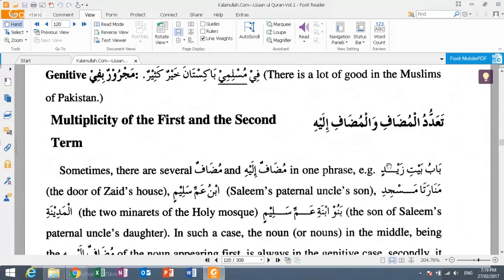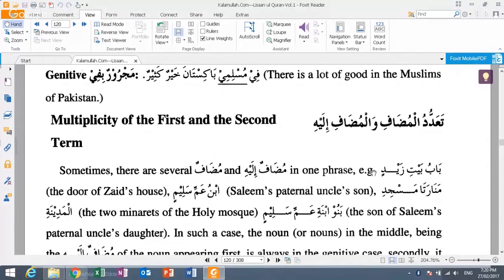Now see here. I'm going to add another thing, ibni, for example. Babu bayti Zaidin ibni. Because the mudaf cannot carry the tanween, we are going to take this tanween off. We put the kasra because mudaf ilayh is always majrur.